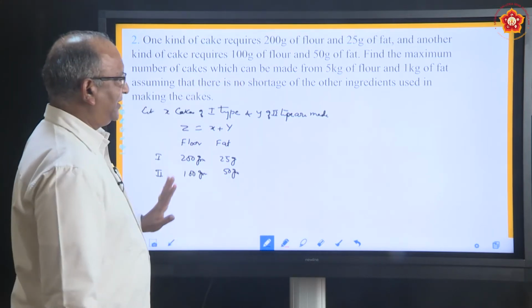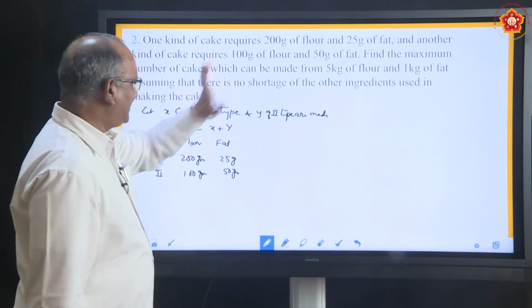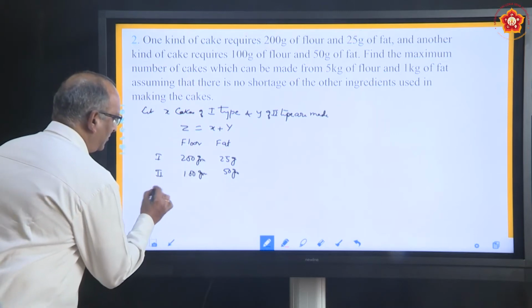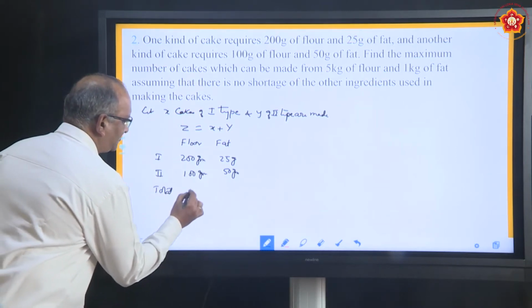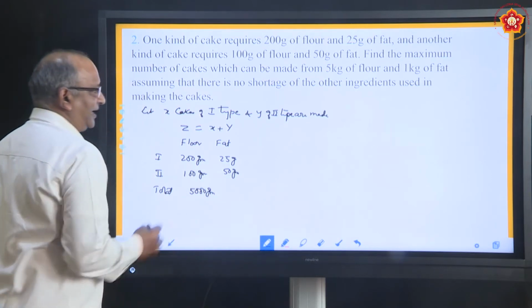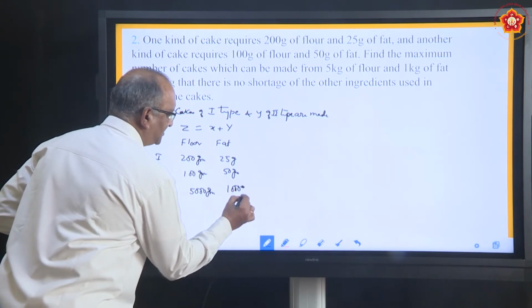That much data we have taken. Find the maximum number of cakes which can be made from 5 kg of flour. The total quantity of flour is 5 kg, or you can say 5000 grams, whereas for fat, we have 1 kg or 1000 grams.